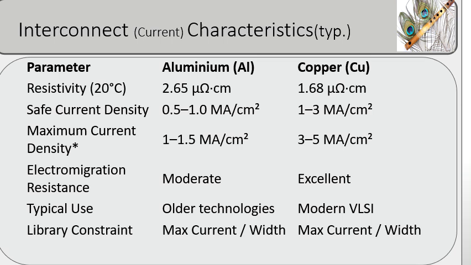To ensure reliable operation, every technology library specifies the maximum allowable current for each metal width and layer. During physical design, these limits guide metal sizing and power grid implementation. If these limits are exceeded, long-term reliability problems such as electromigration can occur.